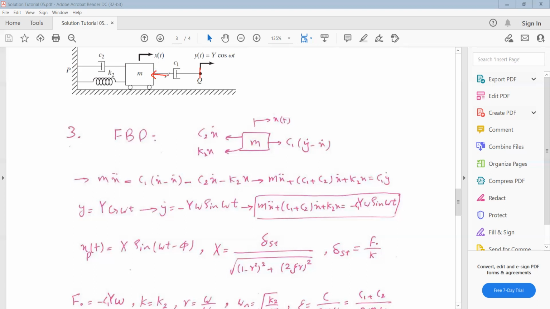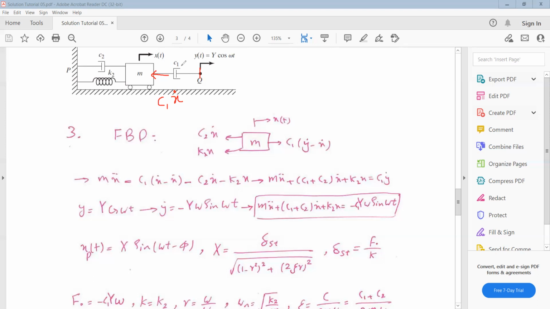Yes, yes. But now this edge of the damper is moving to the right. If this edge was fixed, the force was C1 times x dot to the left. Now this edge is going to the right. It means that if x dot was equal to y dot, the force in this damper was equal to 0, because the velocity of both edges are equal.